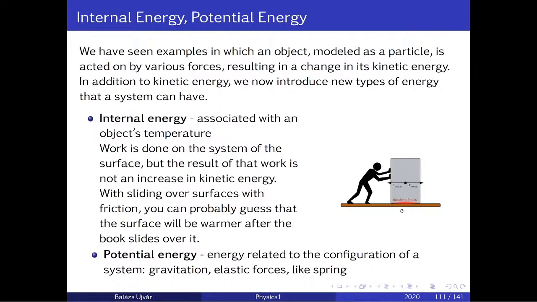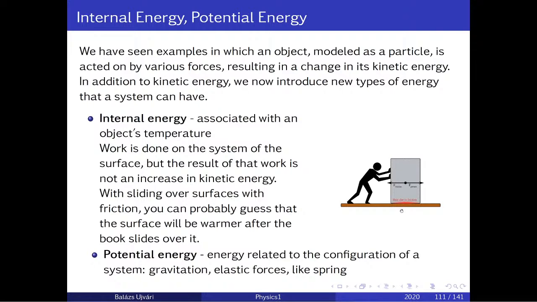The internal energy is technically the temperature, the heat. If your work is 100 joule, and the box won't speed up, the box speed will be the same at the beginning of your work and at the end, then in this case, your work transferred to internal energy.